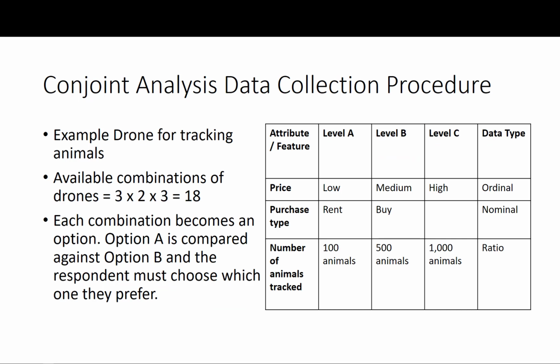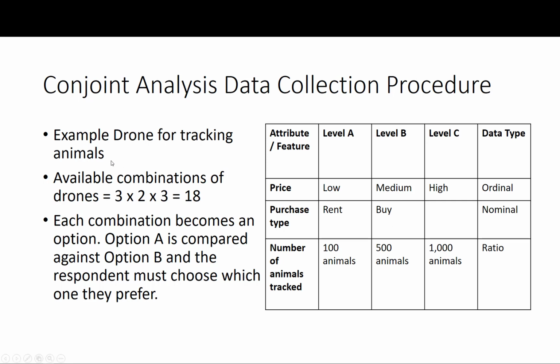So, in terms of setting up conjoint analysis, before we do the survey, you need to decide on what options you are going to give, what alternatives you are giving, what the attributes you are going to provide in those things are, and what type of measurement you're going to use on those attributes.